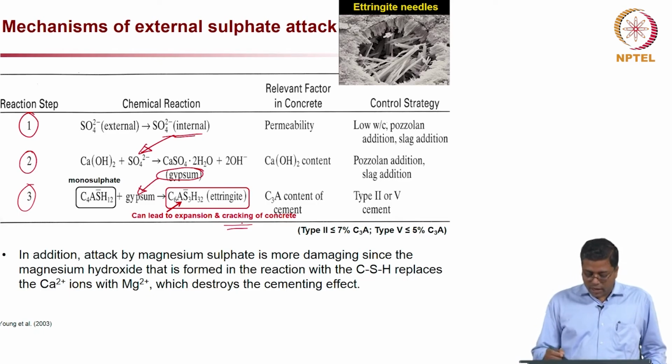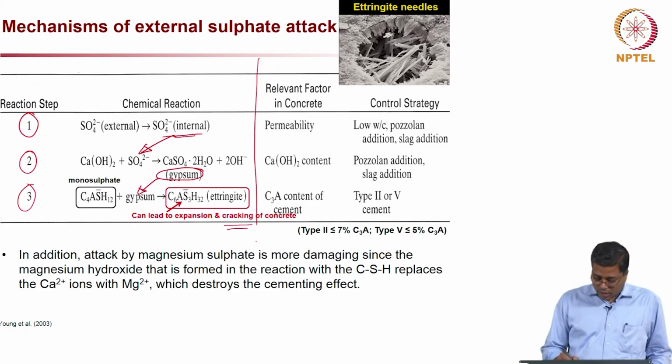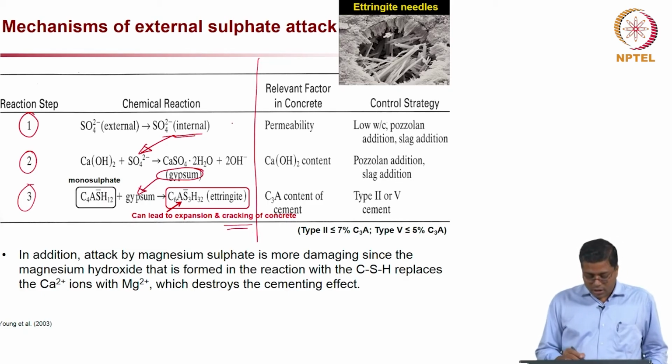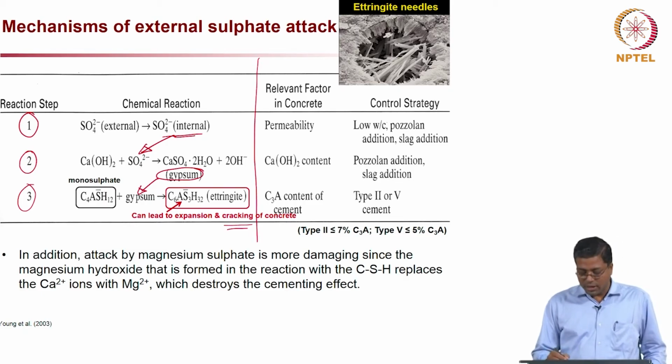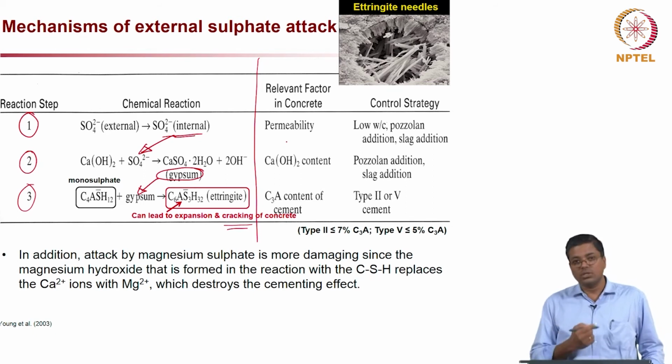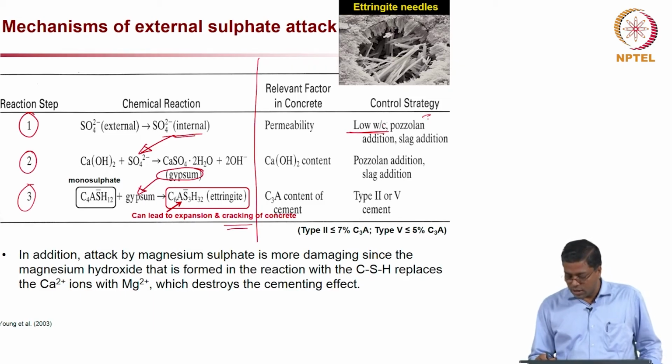So, toward the right side of this table, how can we actually control this? The first step we can control by reducing the permeability of the concrete cover, either by using a low water cement ratio or by using SCMs.